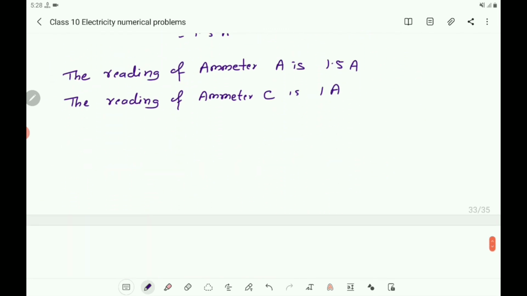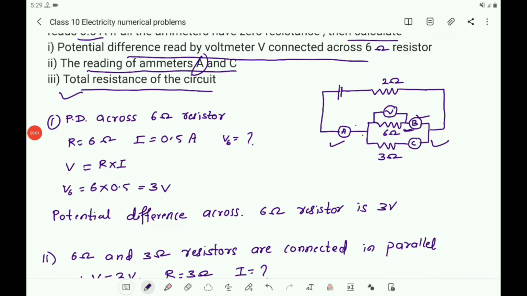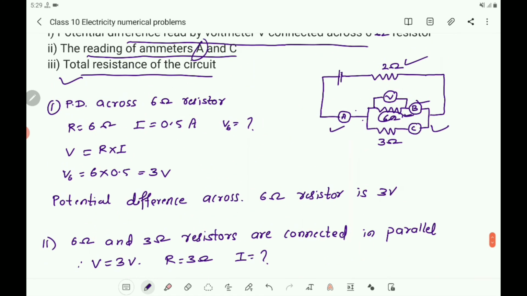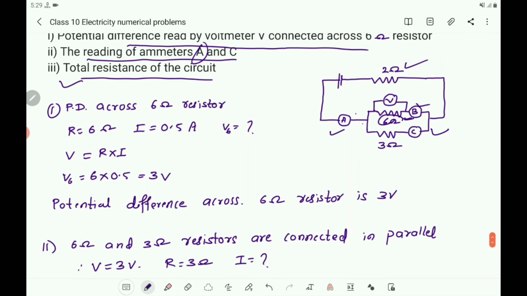So you take third one, total resistance of the circuit. Here you know that the resistors of 6 ohm and 3 ohms are in parallel connection, and this combination is in series connection with the 2 ohm resistance. First let us find the equivalent resistance in the parallel combination.